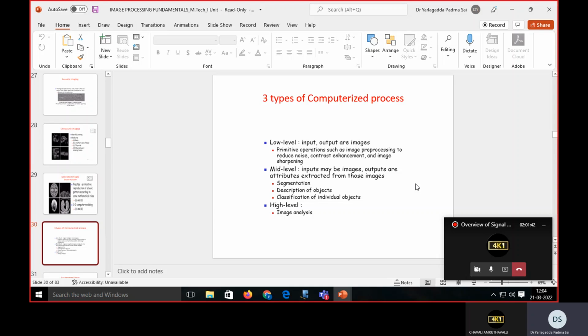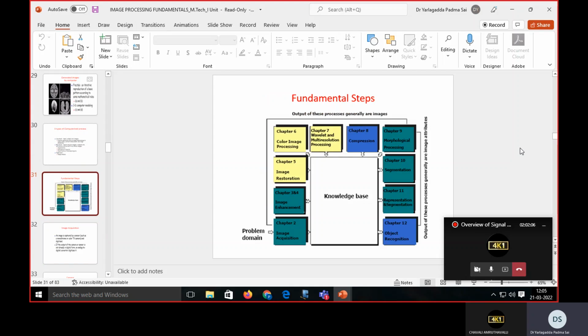After segmenting, using representation schemes, my computer should be able to recognize what I segmented. At the mid level the input is an image but the output is not an image. High level: here you are doing some analysis on your image too.